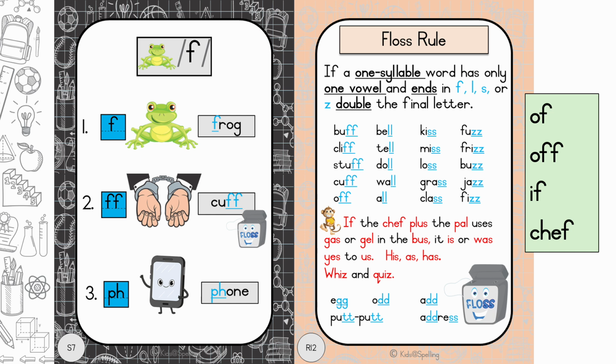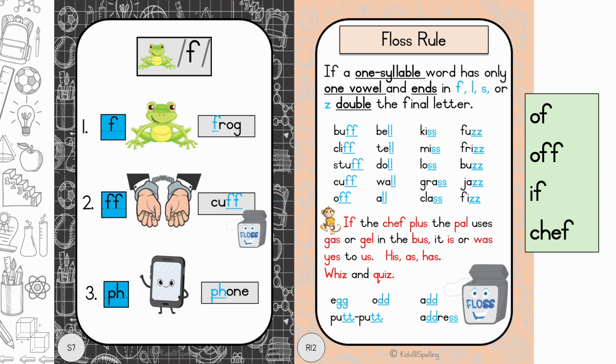So if there's only one vowel in a word, you only have a one-syllable word. But if the last letter in the word is the F, L, S, or Z, you need to write two of the same consonant. We are doing the F in this lesson, and we're going to tell you everything you need to know about the F at the end of a one-syllable word.